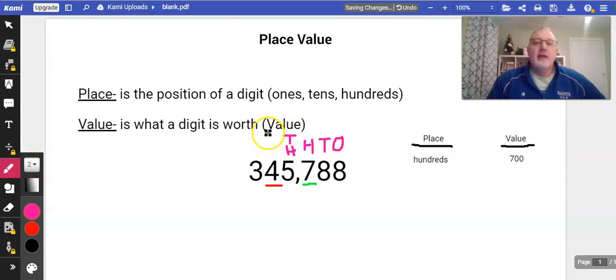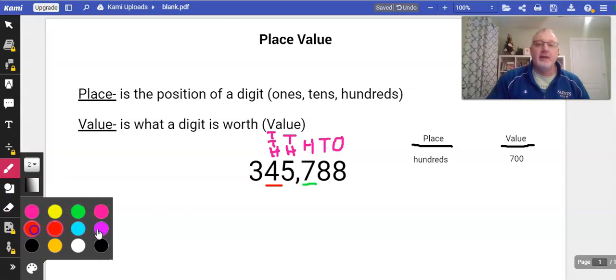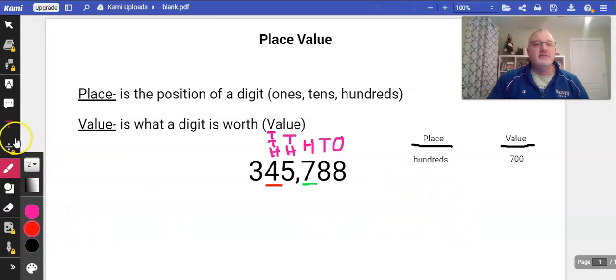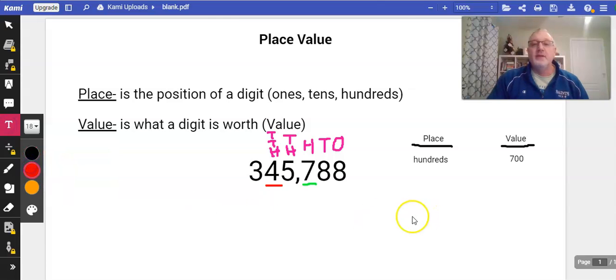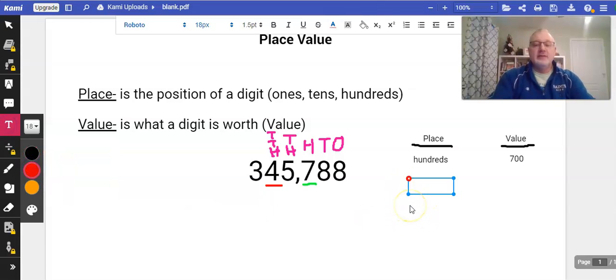And then our next place is 10,000, so I'm going to put a TTH. So what position is this 4 in? Well, the 4 is in the 10,000s place. Since we underlined it in red, I'll write 10,000.